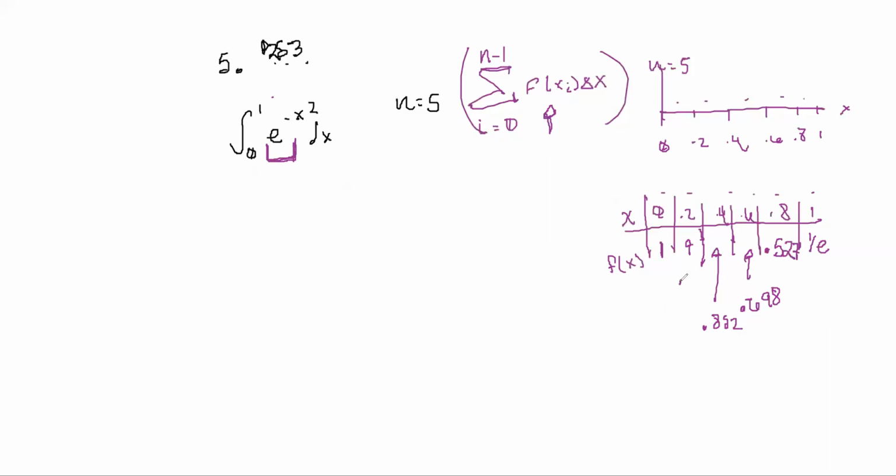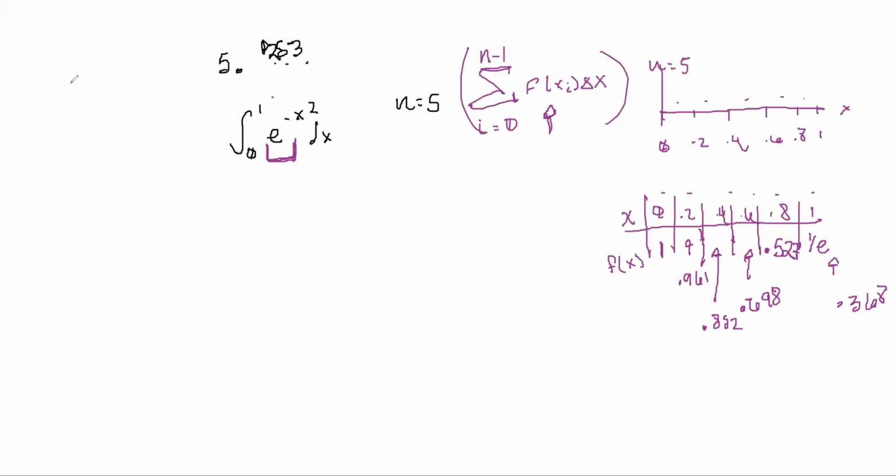And 0.961. Okay. And 1 over e is going to be equal to 3.6.